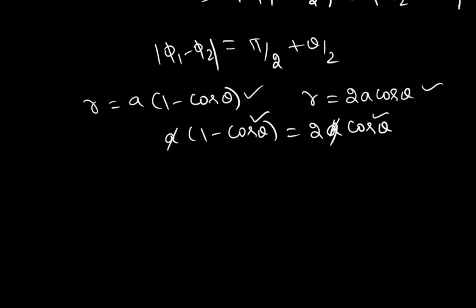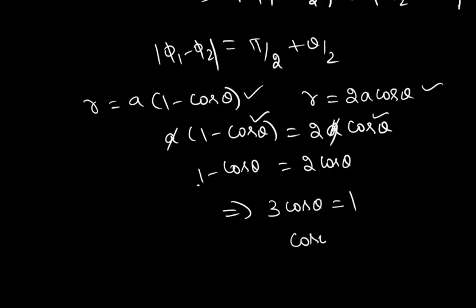So 1 minus cos theta is 2 cos theta. Which implies if this cos theta goes to the other side, 3 cos theta is 1, cos theta is 1 by 3, which implies theta is equal to cos inverse of 1 by 3. Always we have to find theta and substitute in this equation.